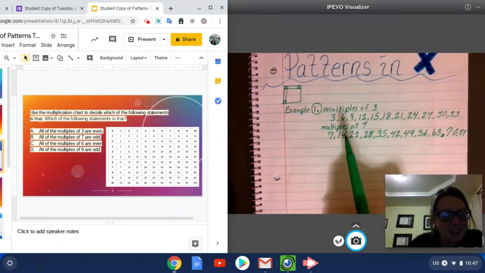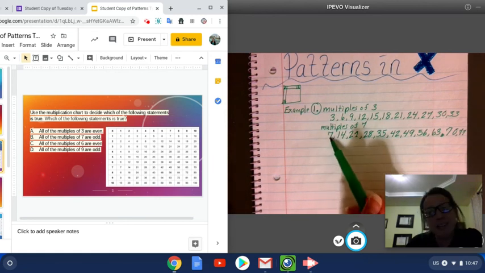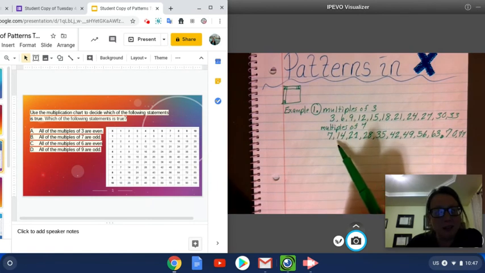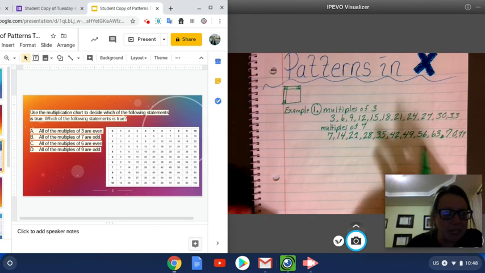And it says all the multiples of 7 are odd. Is 7 even or odd? Odd. Good job. 14, is that even or odd? It's even, so B can't be a choice.